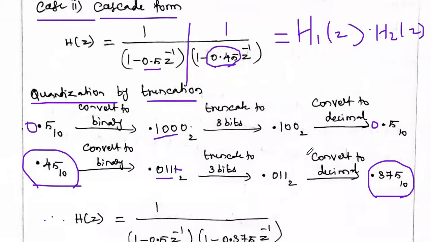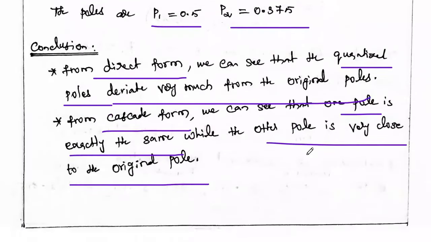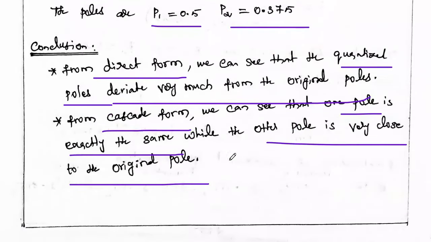There is a very big difference. But if you realize the system in cascade form, one pole is in the same location and the other pole is very close to the original pole.